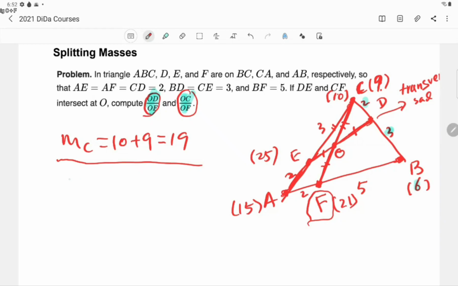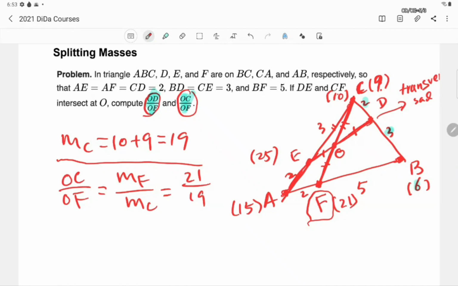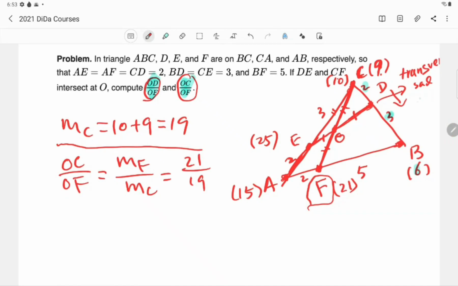Right. So by the balancing rule, I can calculate the ratio OC over OF is just the inverse ratio of the mass, which is just 21 over 19. Remember, this is balancing around O, so you need to use the combined weight, because now it's the whole system. There's a center of mass. So the mass of D is the right hand side mass of C, 9, plus the mass of B, 6, which is 15.